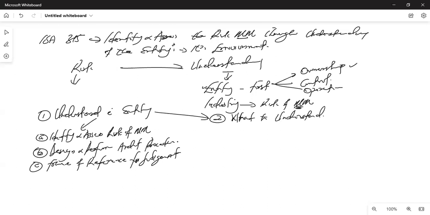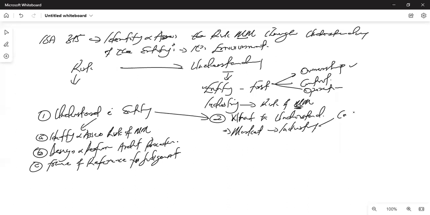The areas of understanding, we've talked about the entity. So this is it. We have the entity. Then we are also saying that you understand the market. The market, I've already touched on that. I've said the industry. Okay.